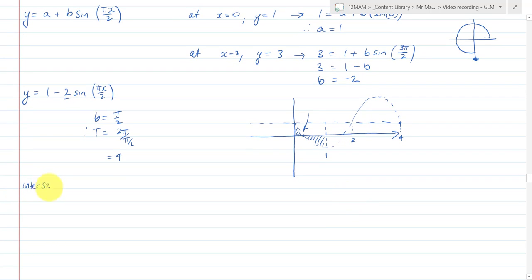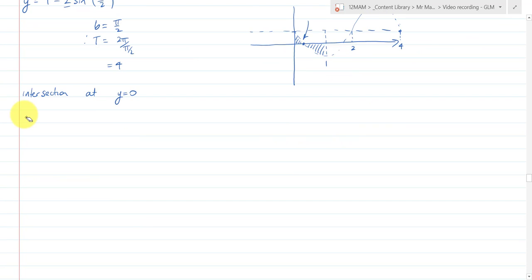Intersection at y equals 0, that's the x-intercept. So 0 is equal to 1 minus 2 sine pi x on 2, and we subtract 1 from both sides, giving us negative 1 equals negative 2 sine pi x on 2.